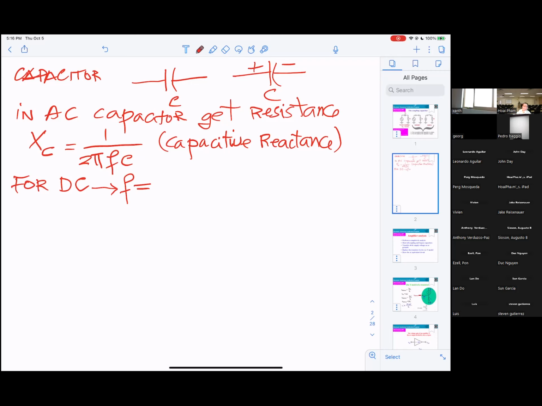For the DC circuit, what frequency is equal? 0 hertz. They have to be 0, no frequency, right? DC will be no frequency.